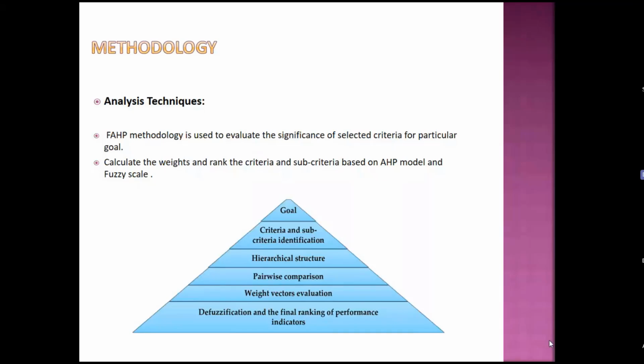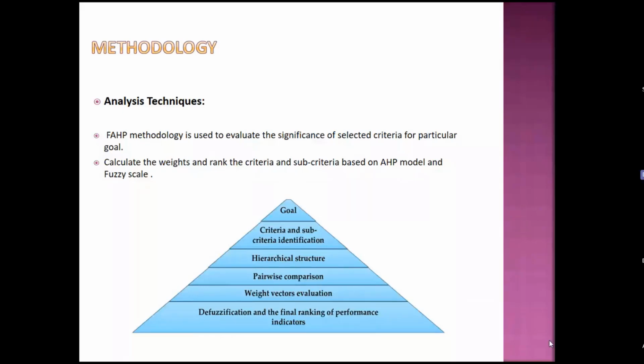So this is the difference in both techniques. But AHP is the most widely used technique, and fuzzy is also related to it. It depends on what kind of problem we are going to solve.